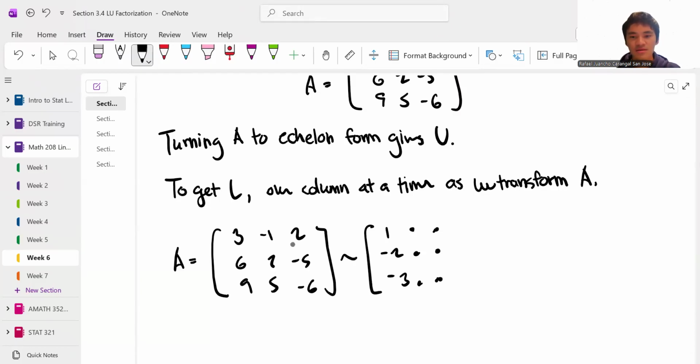How do we do that? Well, where do we get 1, negative 2, and 3?